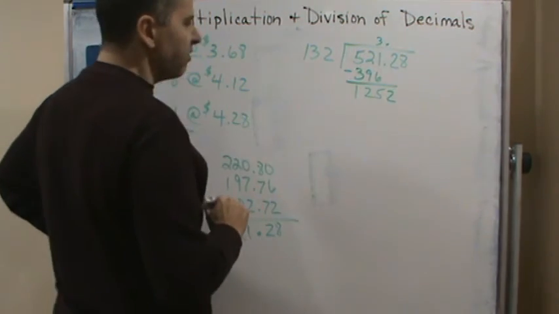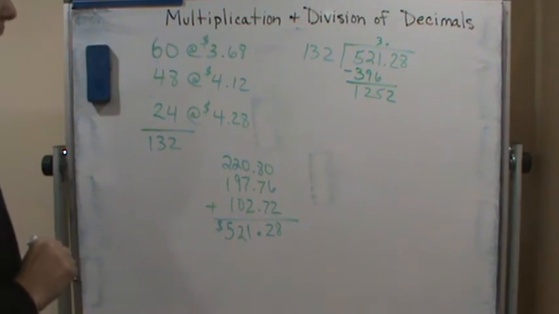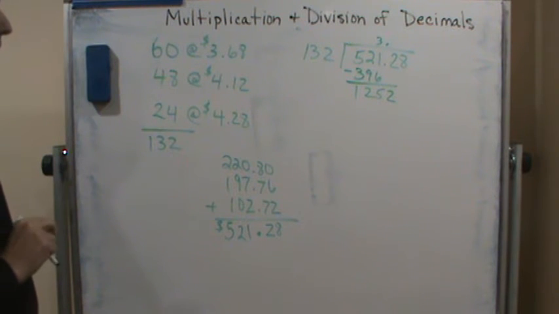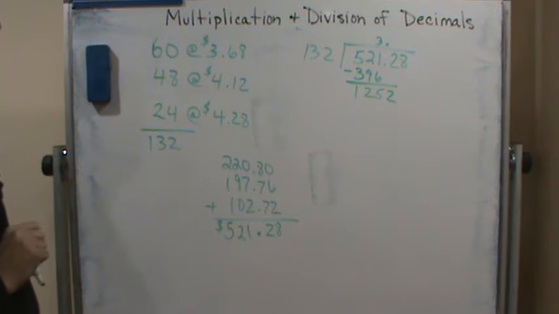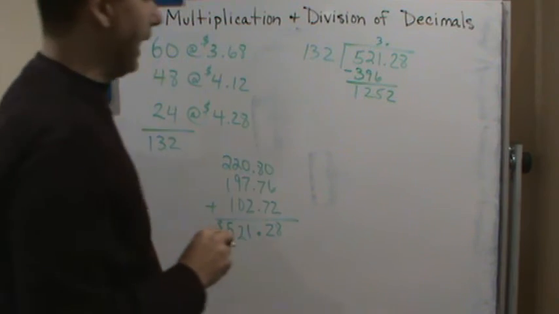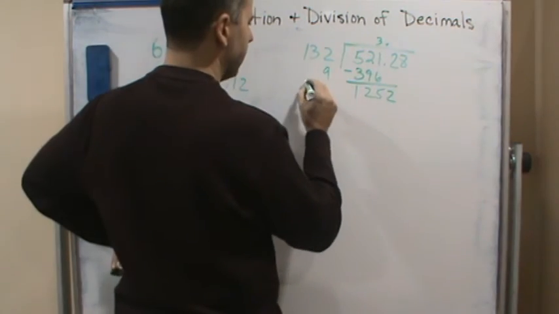And how many times does 132 go into this? So I'm going to divide. Let's see, I think it's going to be 9. Yes, it's going to be 9 times.